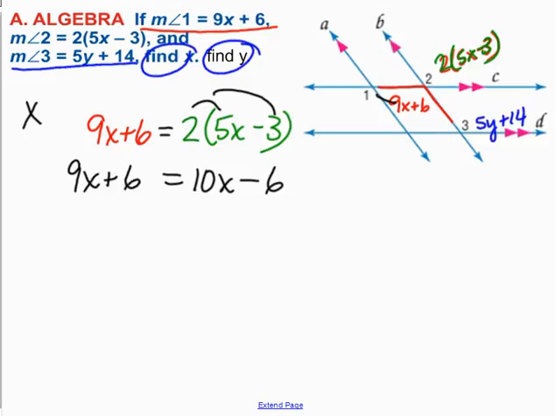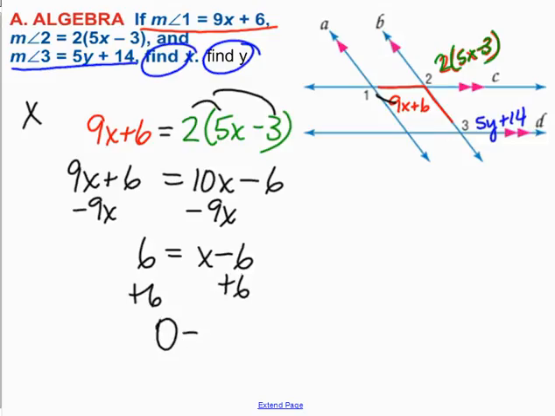Okay, so now I'm going to take 9x from both sides. So I end up with 6 equals x minus 6. And then I'm going to add 6 to both sides. And I get 0 equals x. X is 0.